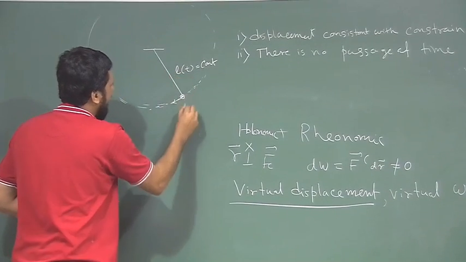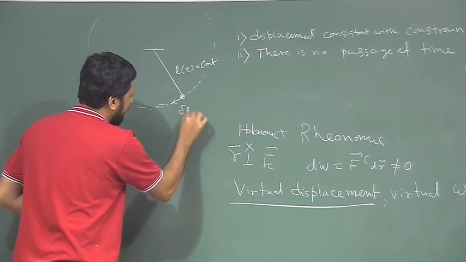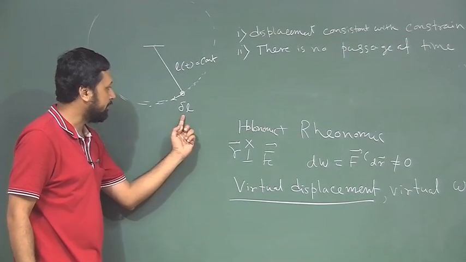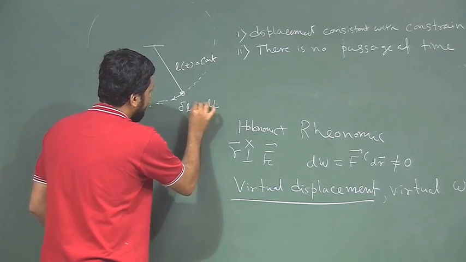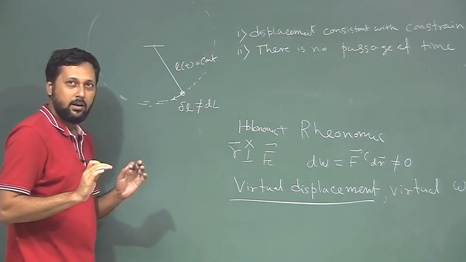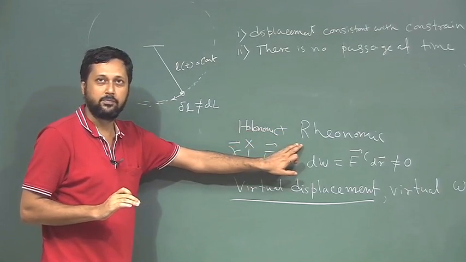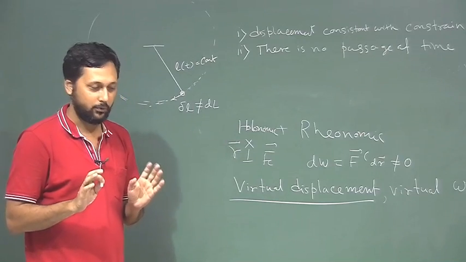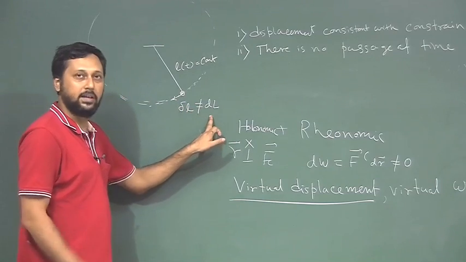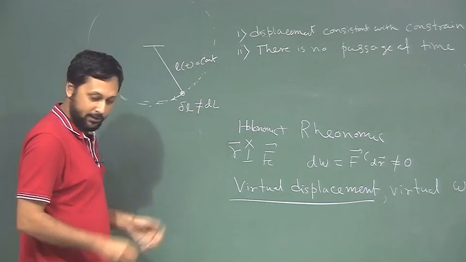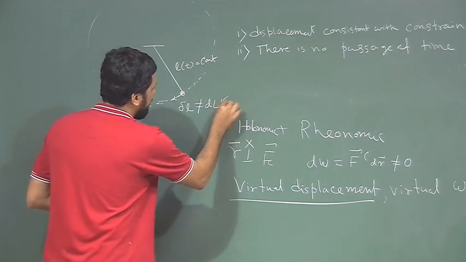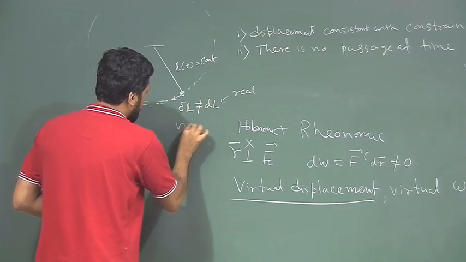If I have a displacement δL, please remember that we use this curly symbol to separate it from the real displacement dL. So, dL and δL are not the same for a holonomic and rheonomic system. For systems where the force of constraint is not dependent on time, δL is equal to dL. But in this case, δL is not equal to dL; δL is virtual, whereas dL is real.